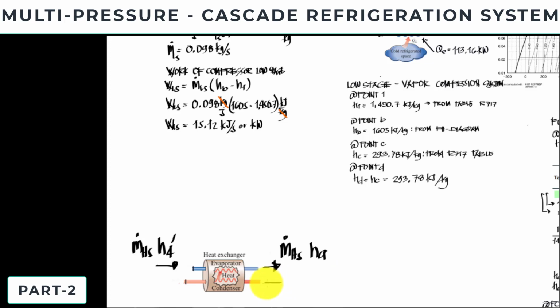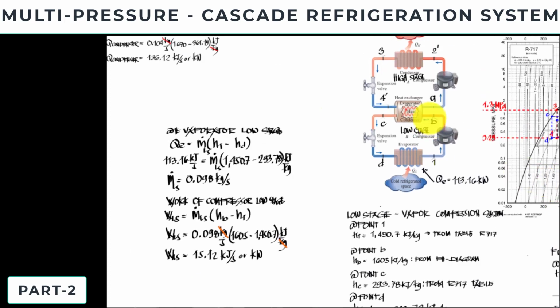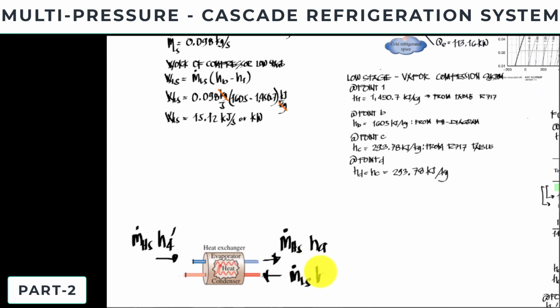Naman dito naman sa low stage, so we have again entering, that is mass flow rate at low stage. Tapos ang entering dyan, that will be the mass flow rate, the enthalpy at point B. And leaving again, the same also, we have the mass flow rate at the low stage.